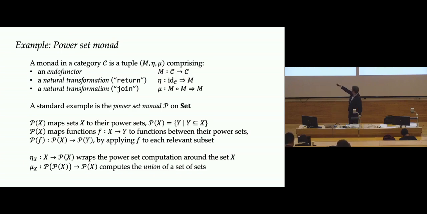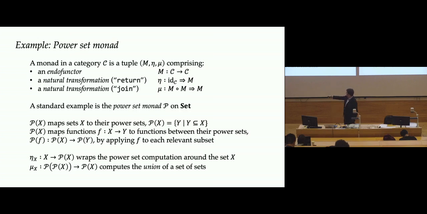So the sets of all of their subsets, which are themselves sets. So P of X is also a member of Set, right? And it maps individual functions from X to Y, which are the morphisms in Set, to functions between their power sets. So P of f will now be a mapping between P of X and P of Y by just applying f to each relevant subset that you have in your collection.